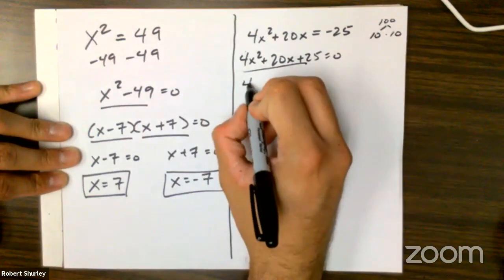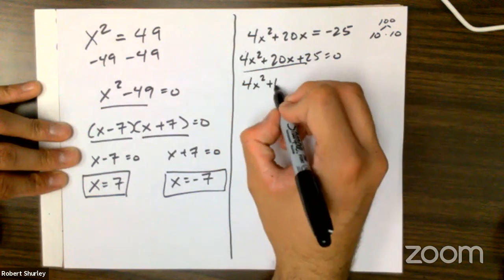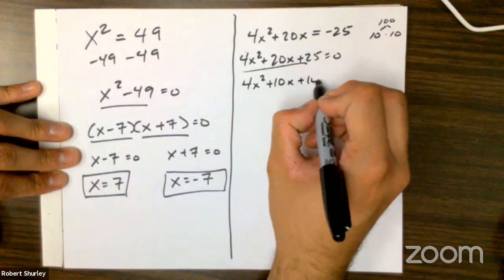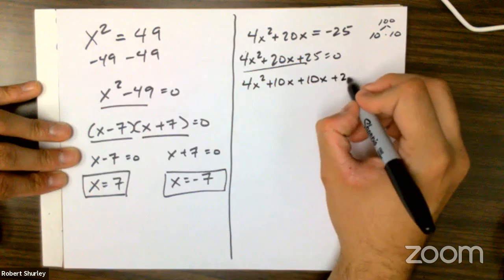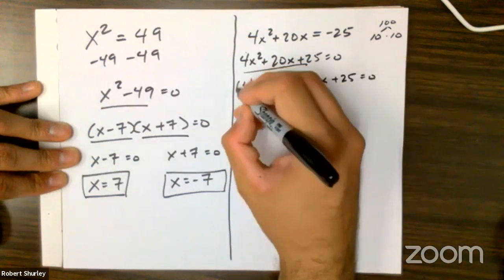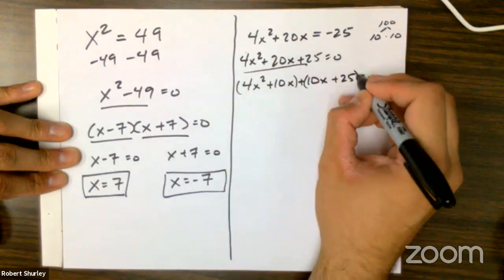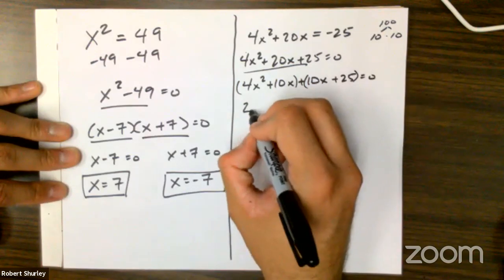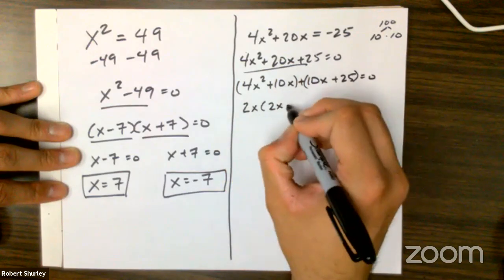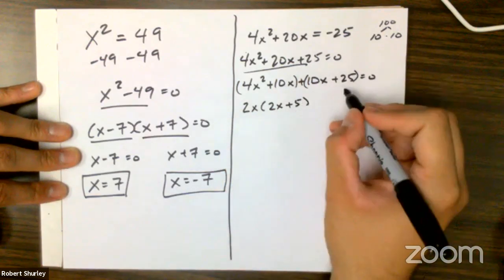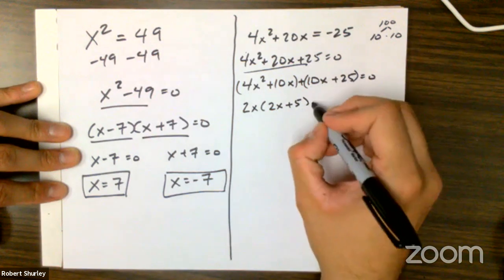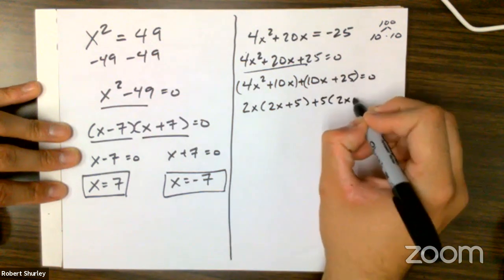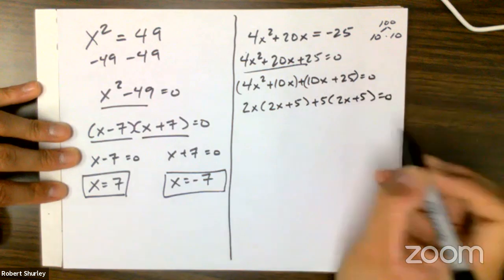Okay, so I get 4x squared plus 10x plus 10x plus 25 equals 0. So you put parentheses around the first two and last two. Factor a 2x out, and I'm left with 2x plus 5. Factor a 5 out, and I'm left with 2x plus 5 equals 0.